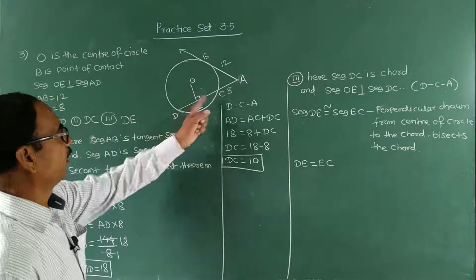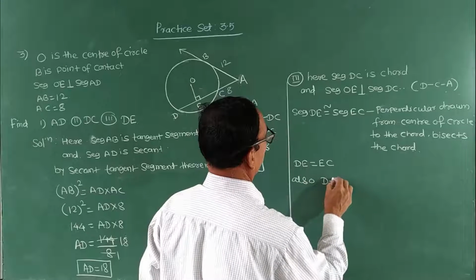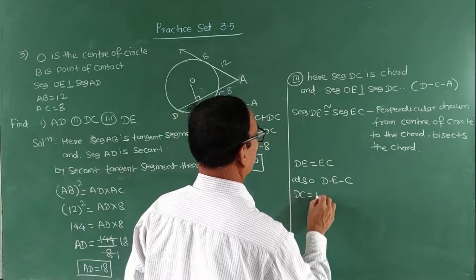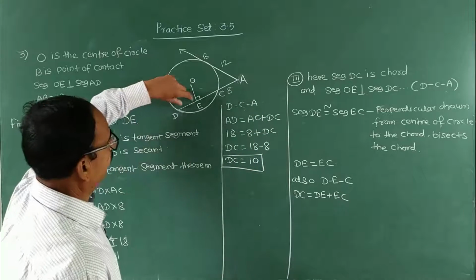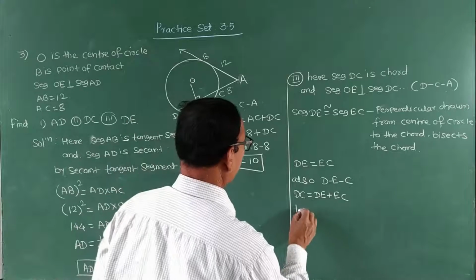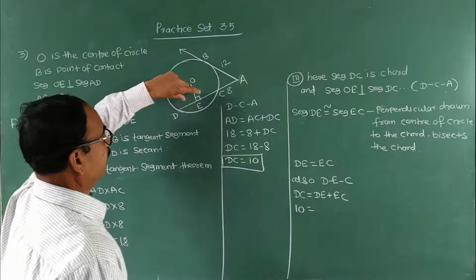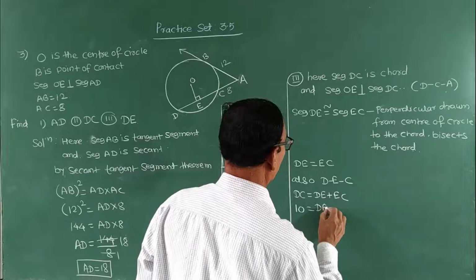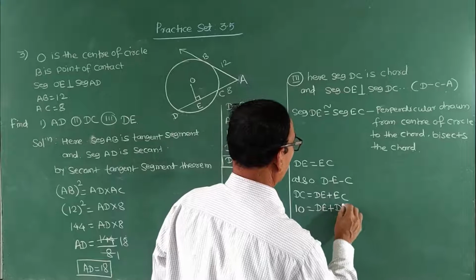परत आपल्याला माहिती आहे DE आणि EC also collinear points. So DC will be equal to DE plus EC. आपण DC ला DE plus EC असं लिहू शकतो. आता आपल्याला DC 10 माहिती आहे, आपल्याला DE शोधायचा आहे. आपण आता EC च्या ऐवजी सुद्धा DE लिहू शकतो. सो हे दोन्ही सारखे असल्यामुळे आपण DE प्लस DE असं लिहू शकतो.